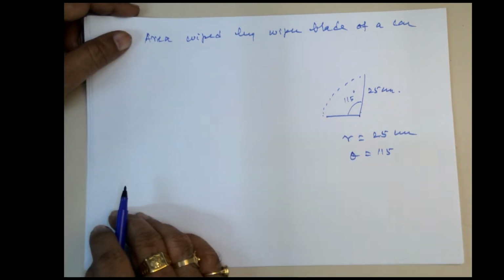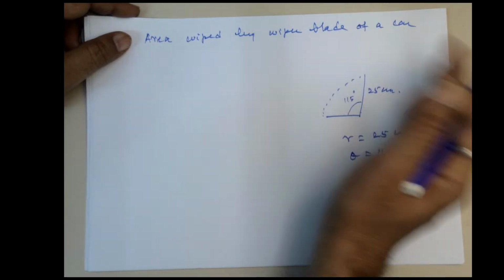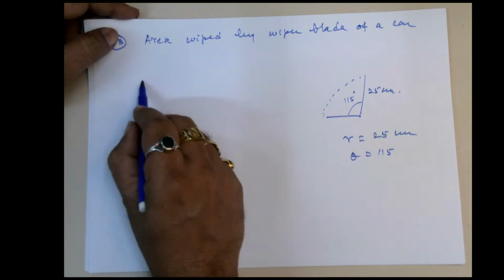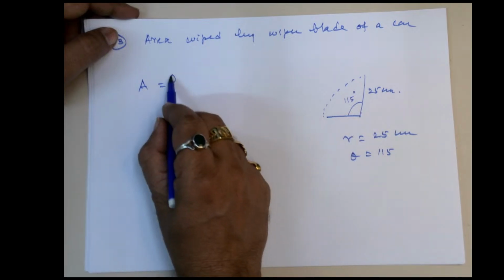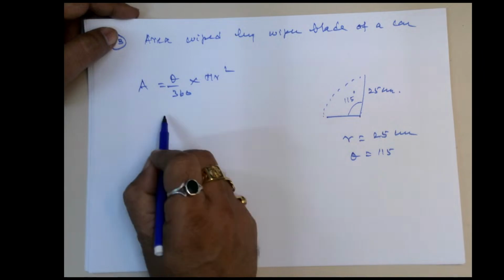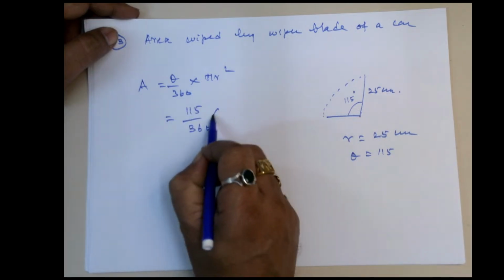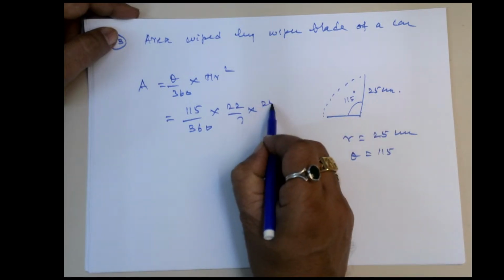And suppose if there are two blades, you have to multiply by 2. I have shown here only one blade. So here, what is the area swept by this blade? That is theta divided by 360 into pi r squared. It means 115 divided by 360 into 22 by 7 into, what is r? 25 into 25.